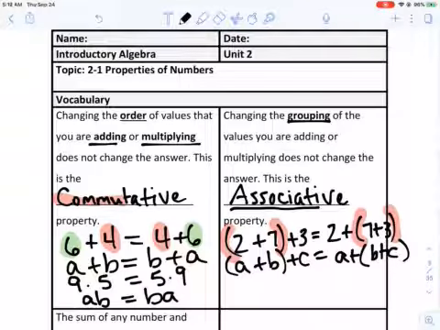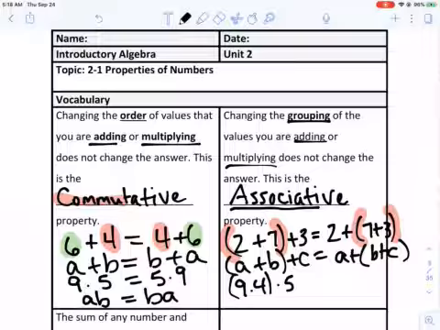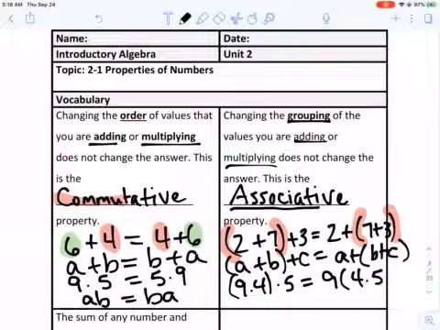But it's for adding and multiplying. So here's a multiplying example. And here's an example with letters.